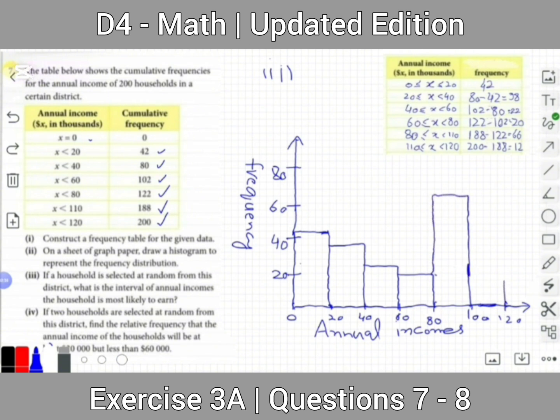Now for the last class interval 110 to 120, we have a frequency of 12, so we will draw a bar of the height 12. And hence, this is a histogram for the frequency distribution.